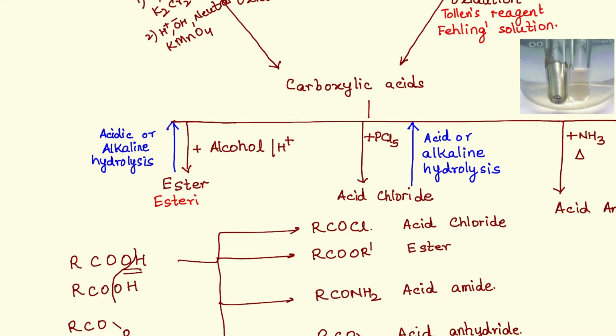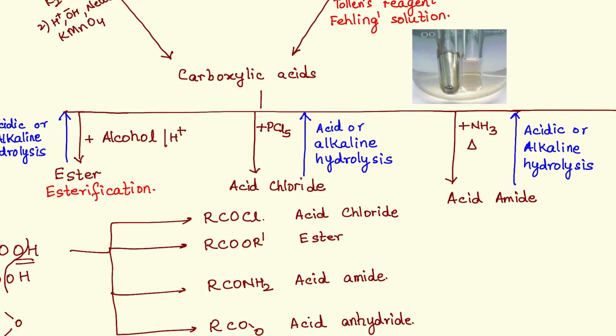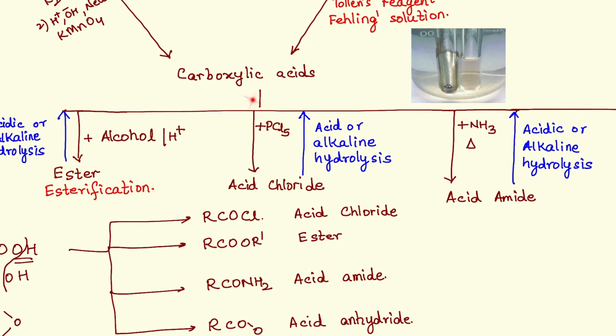It's a reversible process, so it is done in the presence of an acid. Same way, to convert a carboxylic acid to an acid chloride, I treat it with PCl5, or we can treat it with SOCl2. There are many ways. These are simple ones that I am discussing. So it gives us acid chloride.